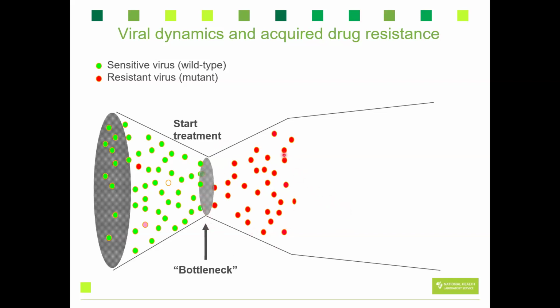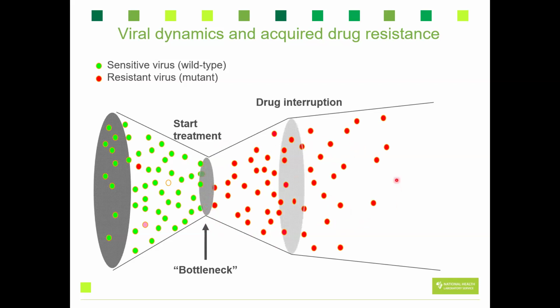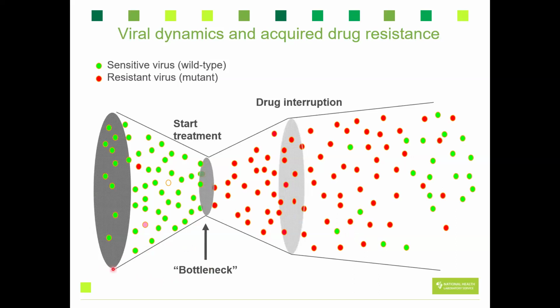This means that over time, your viral population will change to most of them having the resistant virus, because that has the replication advantage. If you would stop treatment, which is not recommended, initially your resistant virus will continue to replicate because that's the virus that is in the population the most. But after a while, your wild types, because remember now your drug pressure is gone and your wild type viruses are still there.